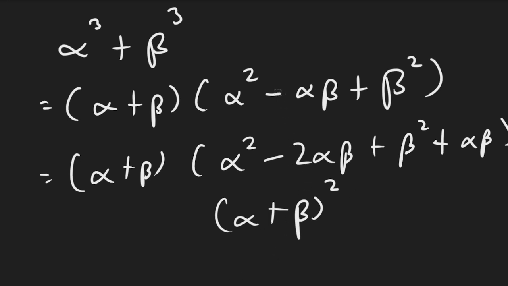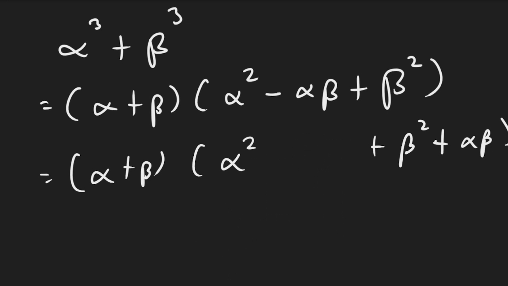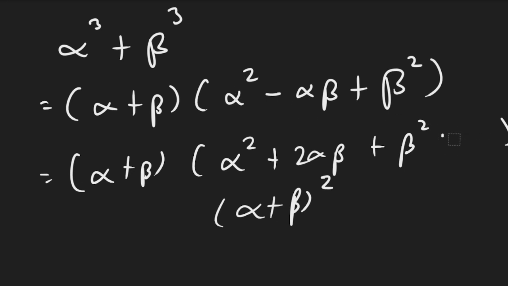But since this is minus, we will have to change it to plus 2 alpha beta first, and then look at what we might deduct from the one that we want, which is alpha plus beta squared, so that we can get the original one, which is alpha squared minus alpha beta plus beta squared. So we notice that we just have to put minus 3 alpha beta on the right, so that everything is balanced as it should be.